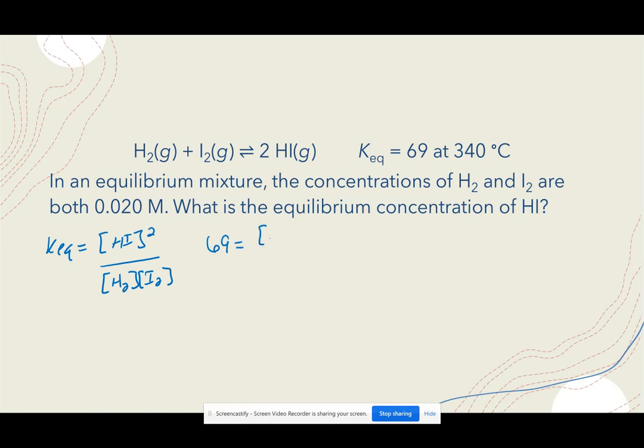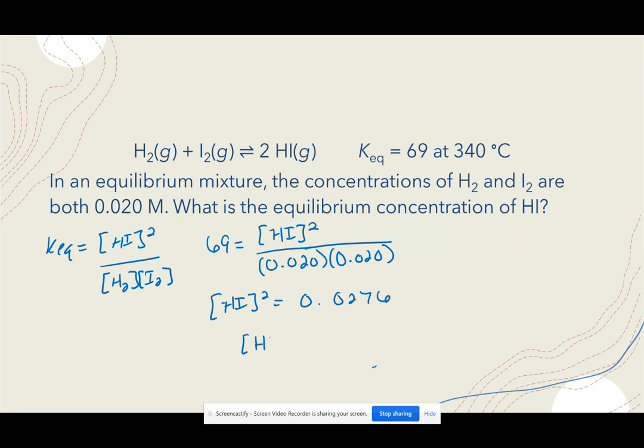That's going to be my concentration of HI squared over 0.020 times 0.020. Again, do the algebra here, you're going to get concentration HI squared is going to be 0.0276. Square root both sides, and you'll get the concentration of HI is 0.17 molar.